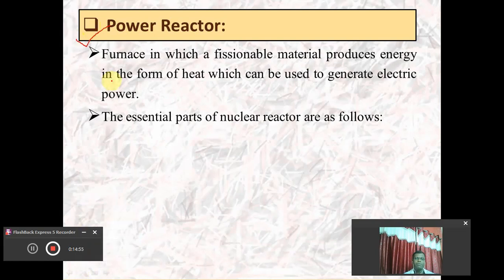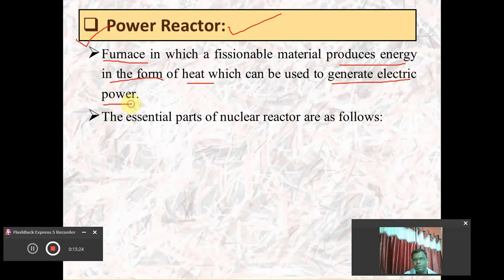So you can say that the power reactor is an extension of the nuclear reactor, because in the nuclear reactor we are obtaining the nuclear energy, and whenever this nuclear energy is converted into electrical energy, then the same device can be called the power reactor. So the power reactor is the furnace in which fissionable material, meaning the nuclear material, produces energy in the form of heat, and that can be used to generate electric power.